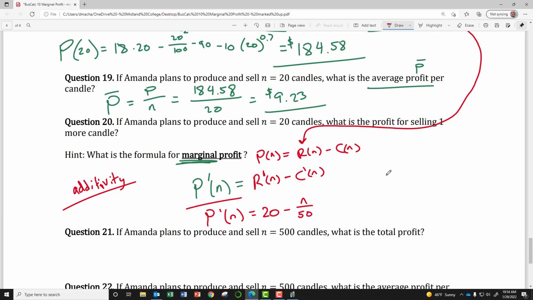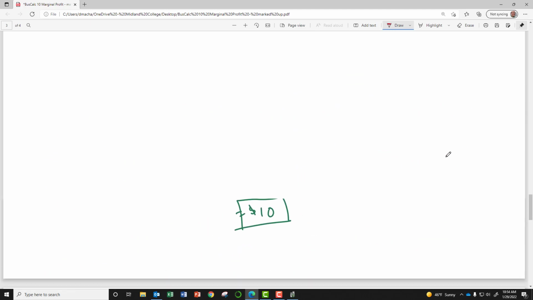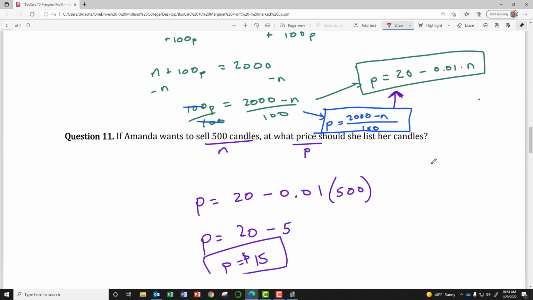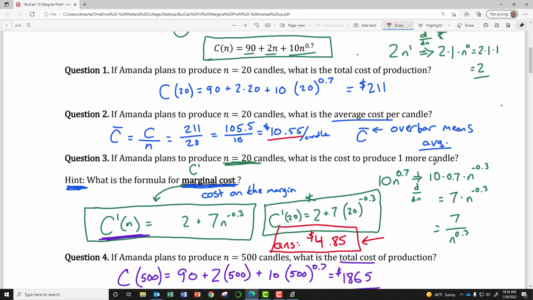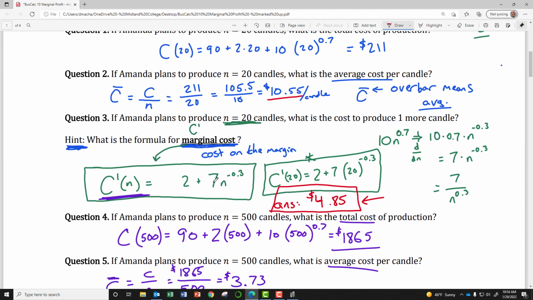And c prime, let's go back and find out what we found for the marginal cost. C prime was this, 2 plus 7 times n to the negative 0.3.